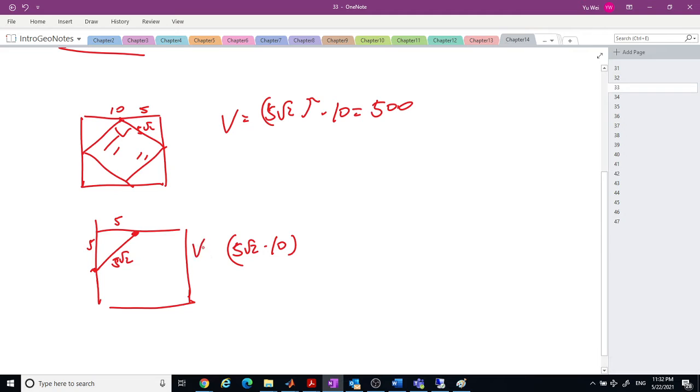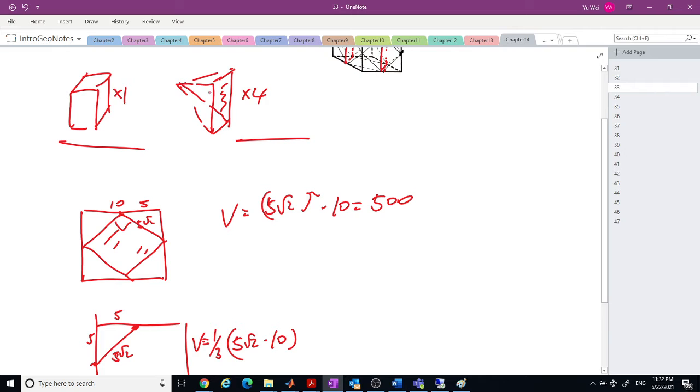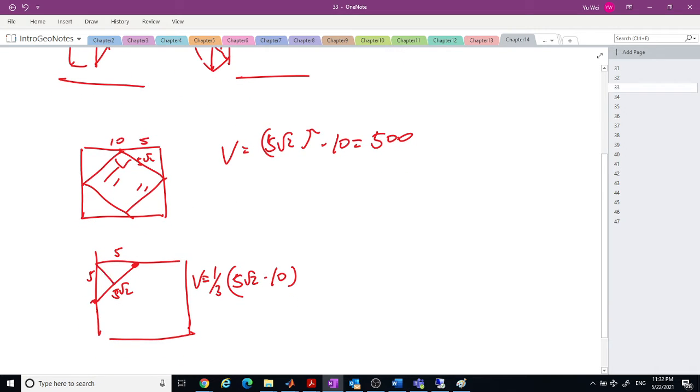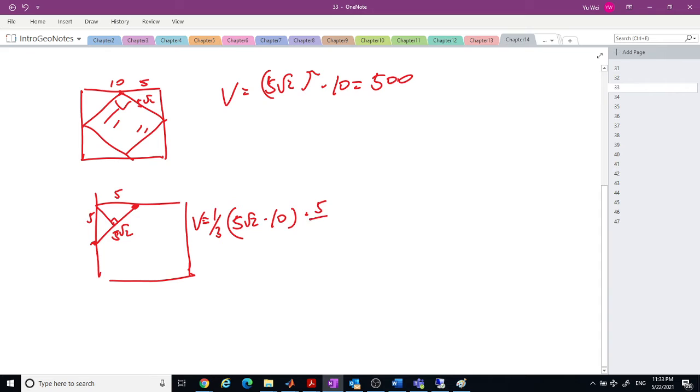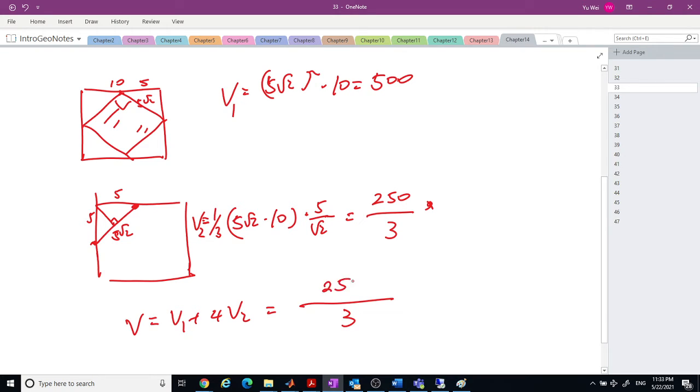The volume is 1/3 of the area times the height, and the height is 5 over root 2. So the volume of this will be 1/3 of 250. That's one part, and we have four parts. This one is called V1 and this is V2, so V equals V1 plus 4 V2. Finally you can see it's 2500.